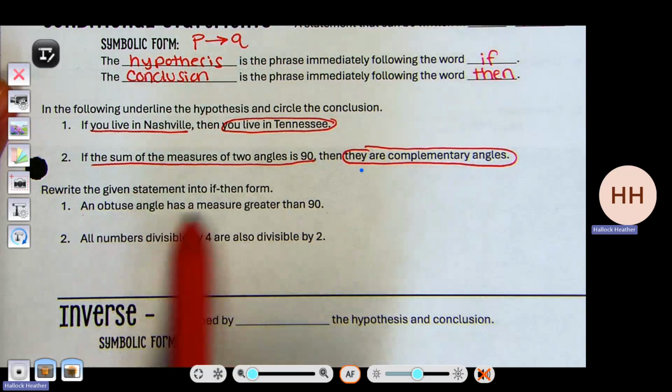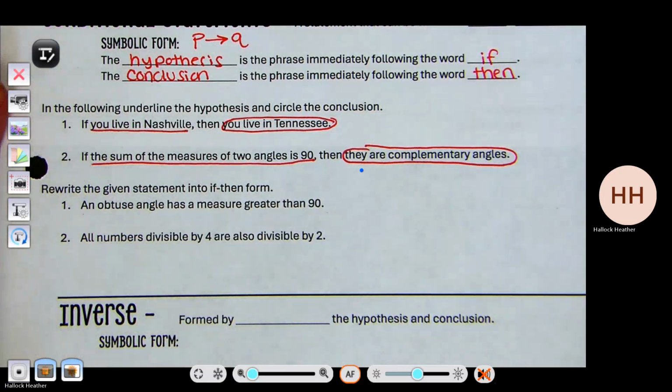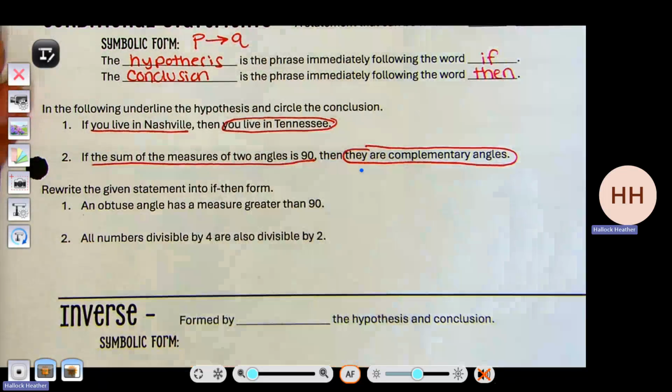So how could I split this sentence to make a conditional statement? Close, but you flipped your sentence. So we cannot flip the sentence. Yes, that's perfect.